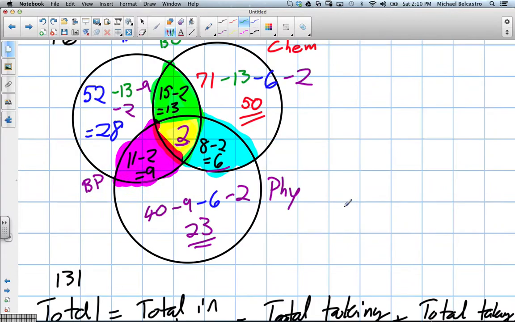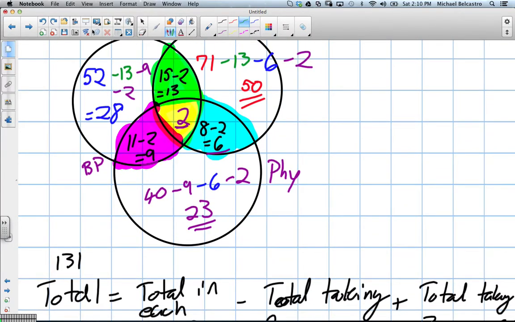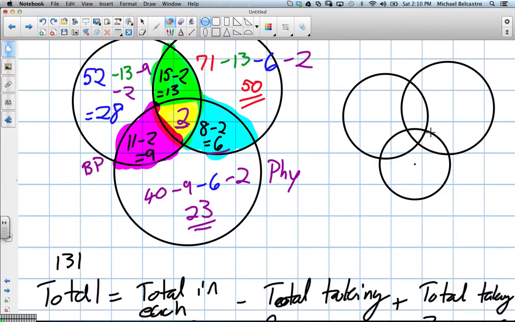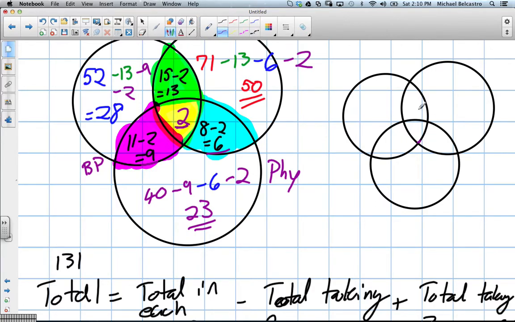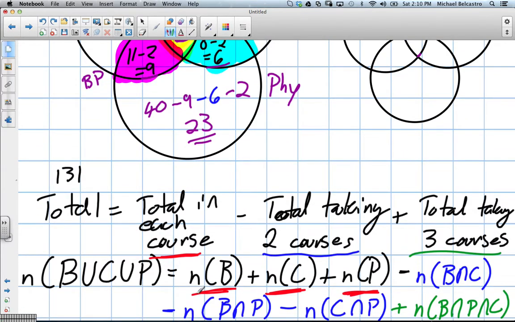So let's try to make sense of it like we did with our Venn diagram. I'll put a couple more circles up here. Now remember, in the Venn diagram, we started from the inside and we worked our way out to the people who are taking individual courses. In this one, they're actually starting with the people taking individual courses.